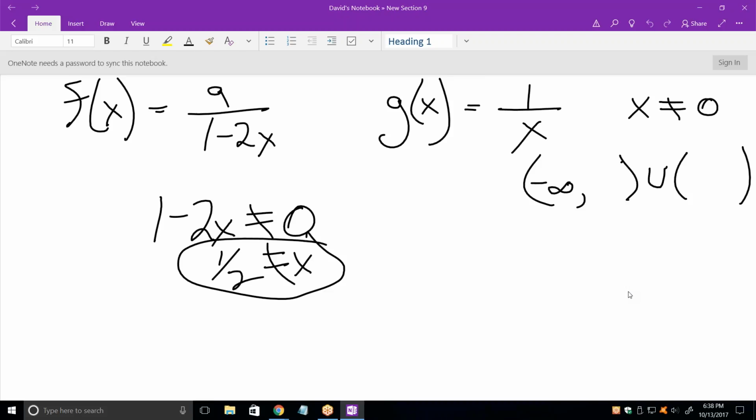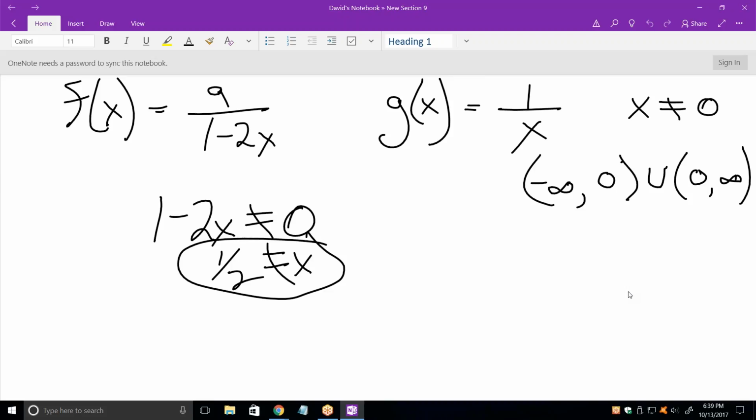What's it go up to? It can't equal 0. Exactly. In combination with that, what's the rest of it? Then it'd be 0 to positive infinity, right? Yep. That is the domain of g of x.